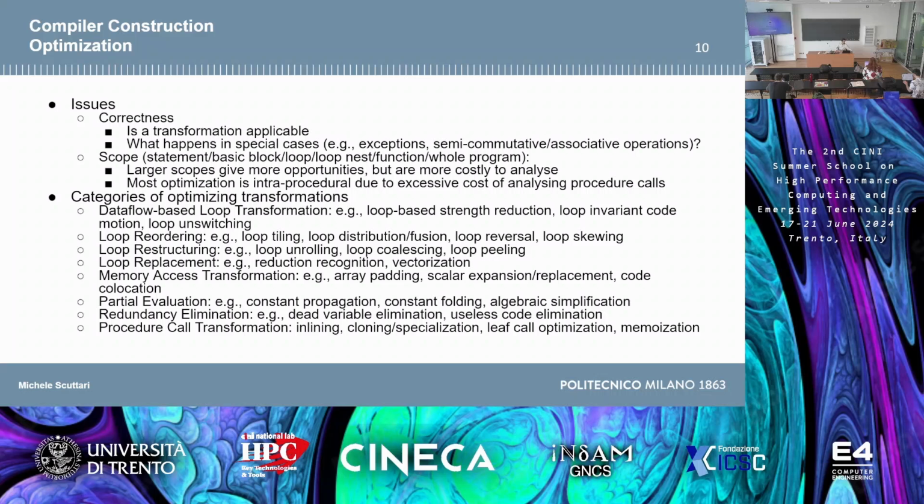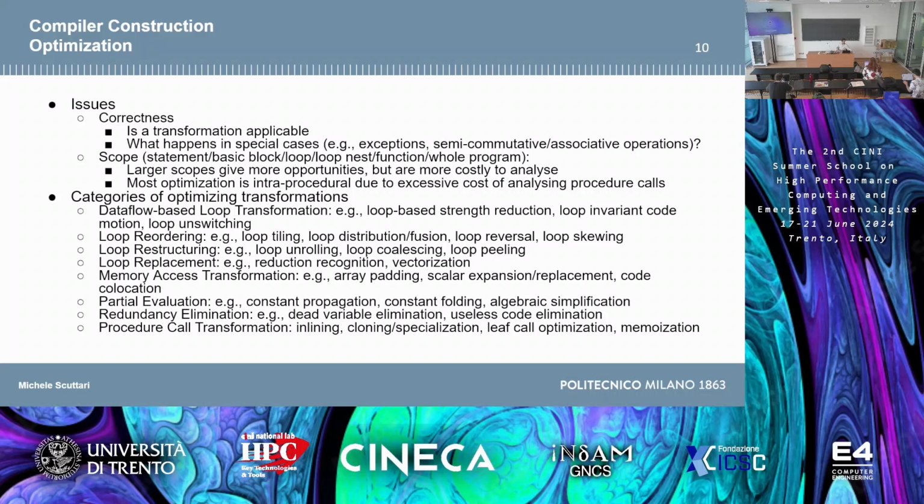Loop-based strength reduction is essentially a transformation that takes an operation that computes the same value multiple times and reduces its strength by reusing the old value that has been computed in the past, in the previous iteration of the loop.